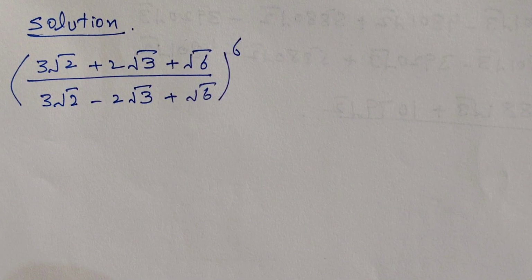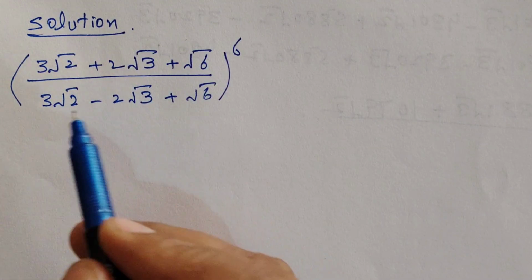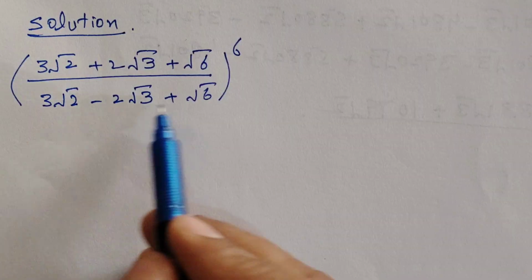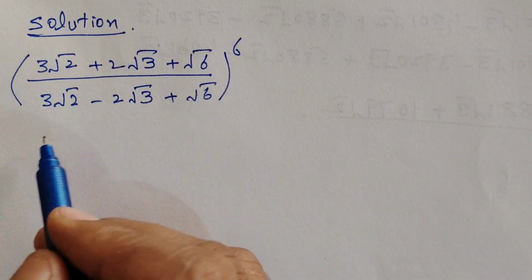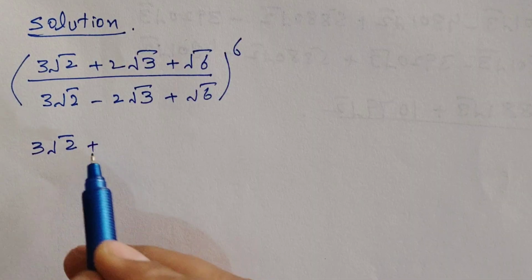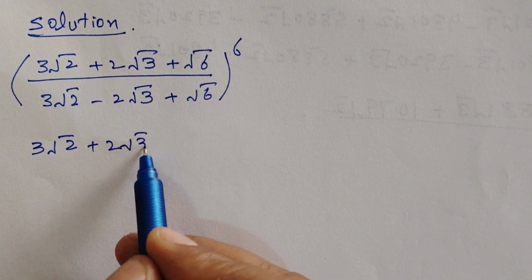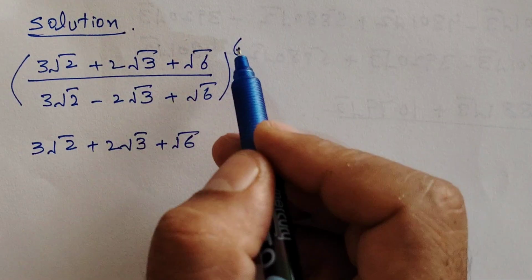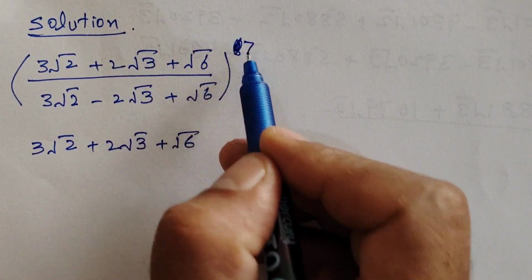Now we apply here the conjugate formula, which is used to rationalize denominators containing square roots, so that we multiply and divide this equation with the numerator.